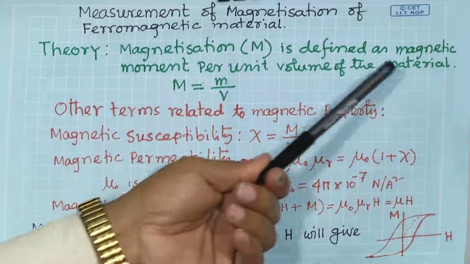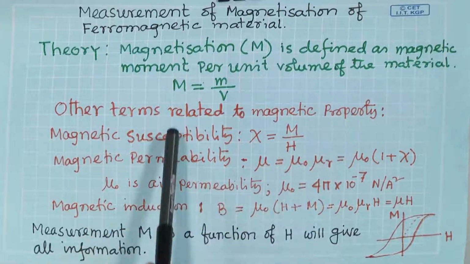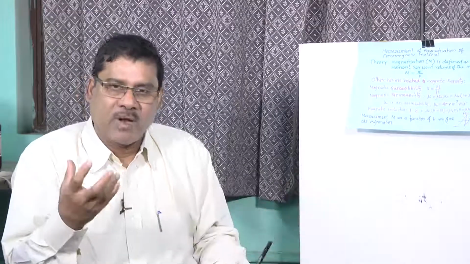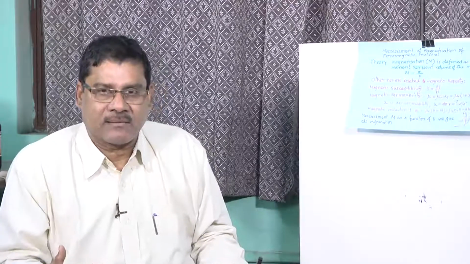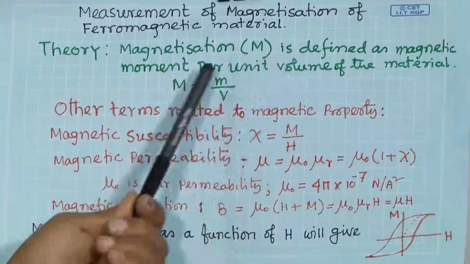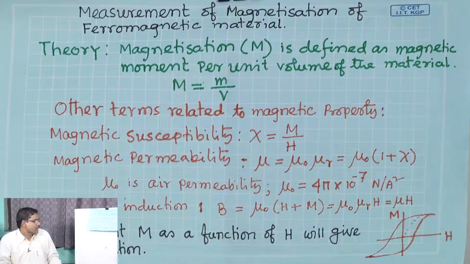Magnetization is defined as magnetic moment per unit volume of the material. The total moment of the material depends on its dimensions or volume, but magnetization is independent of the volume, because it is per unit volume.